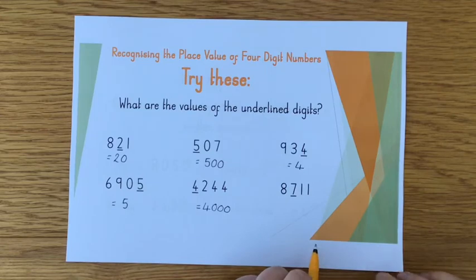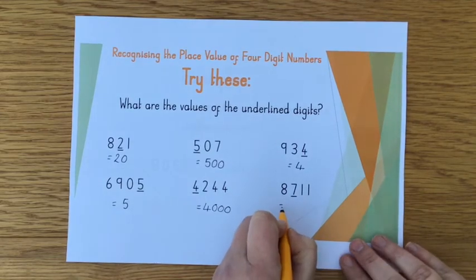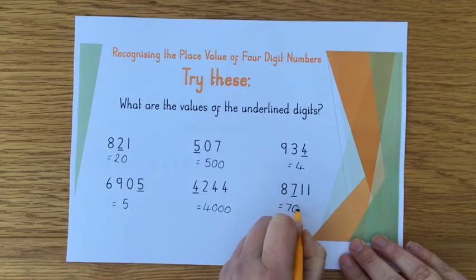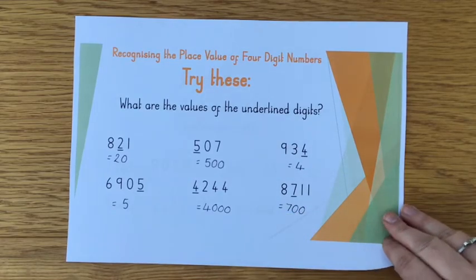And finally, 8711, the value of the 7 in this number is 700.